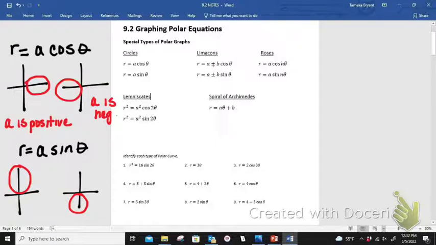A rose has a number being multiplied by theta. For a lemniscate, you have r squared. That's the only one that starts with r squared, so that's the easy way to identify a lemniscate. And a spiral does not have a sine or a cosine.